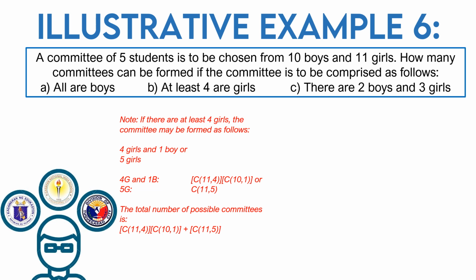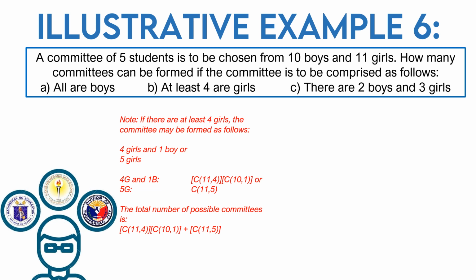So that's combination of 10 taken 1 at a time. Notice class that we are multiplying because of the word and. Again, when we speak of and, its mathematical implication would be multiplication. So for the first option, we could form that using the formula combination of 11 taken 4 at a time times combination of 10 taken 1 at a time.